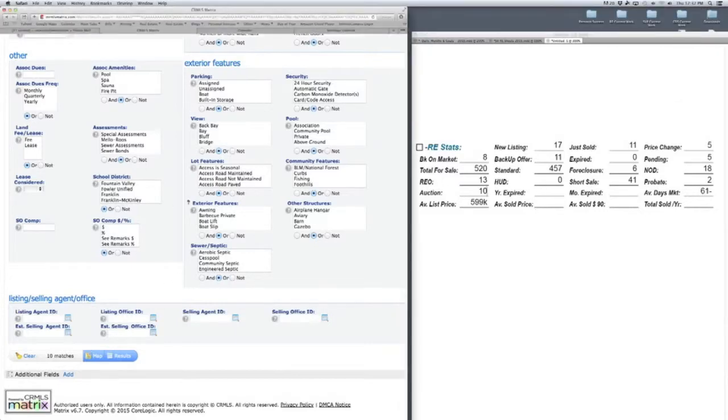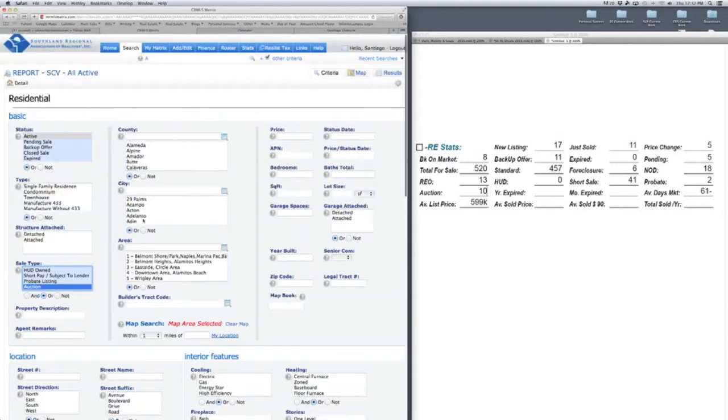Next thing I want to know is the year expired. Now I'm going to unselect the auction here because I don't need any of this anymore. But instead of selecting active, I'm going to select expired.